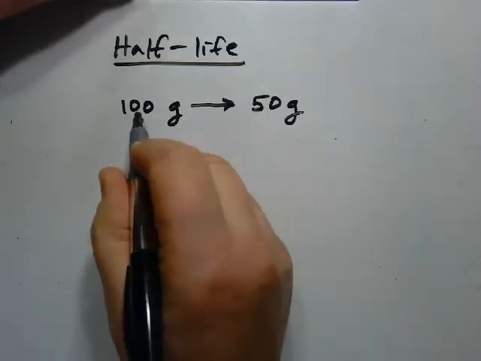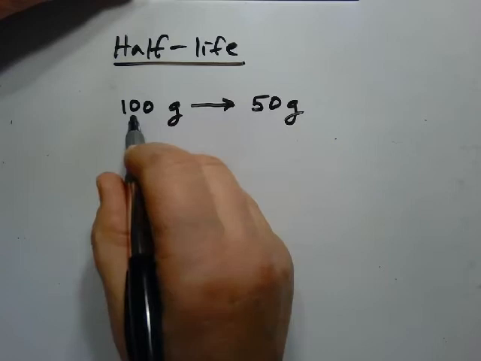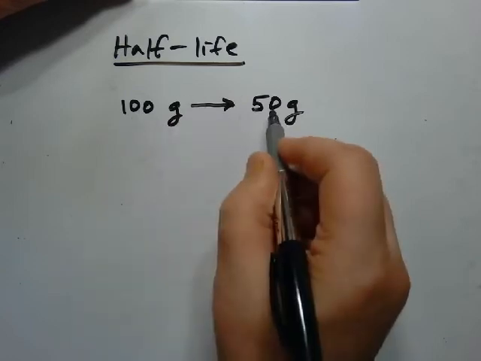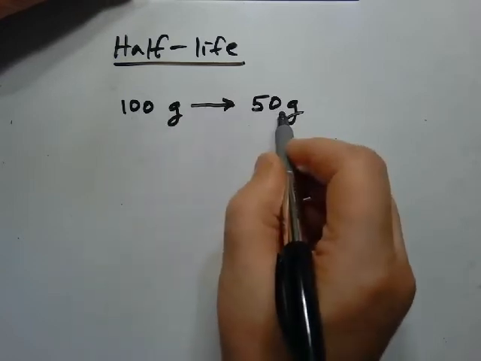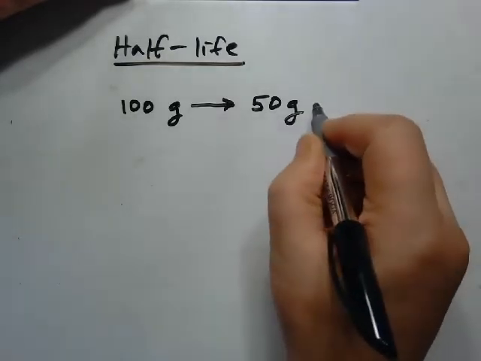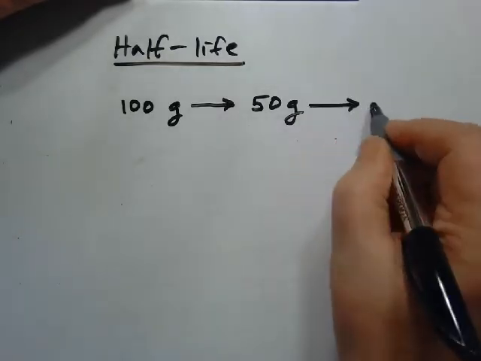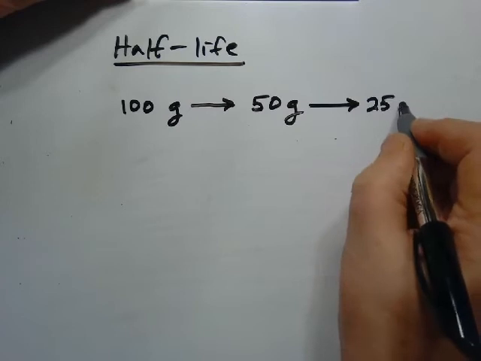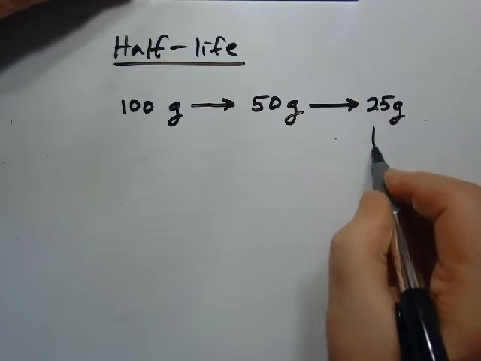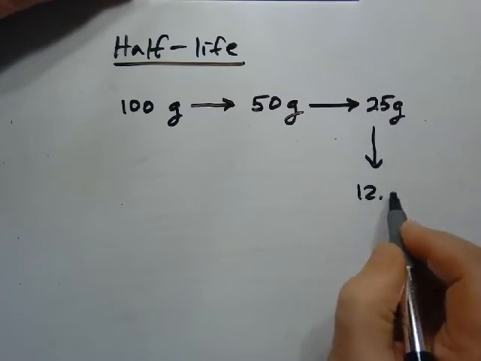So this is called half-life. When half of it is gone, we call that the half-life of the element. And then over time, half of that is gone, gets to 25 grams, and then half of that is gone, gets to 12.5 grams.